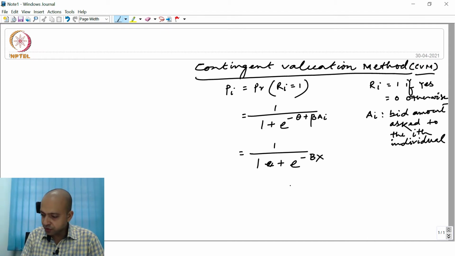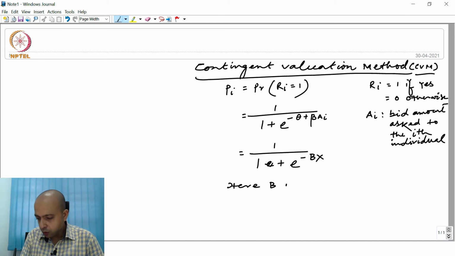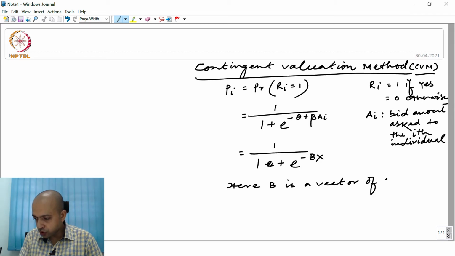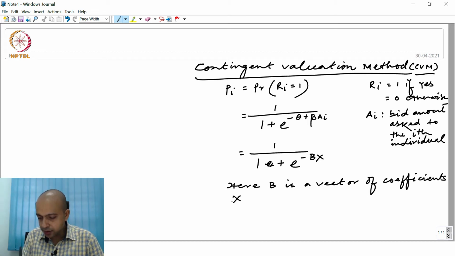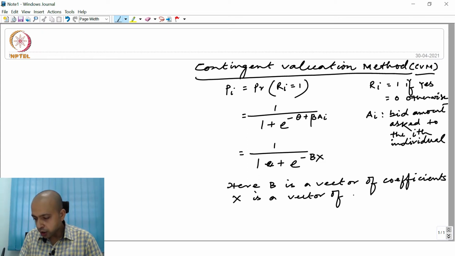So B is a vector of coefficients and X is a vector of explanatory variables.